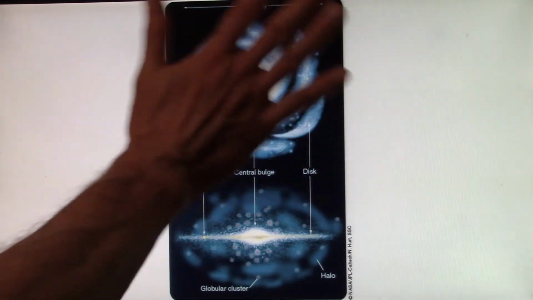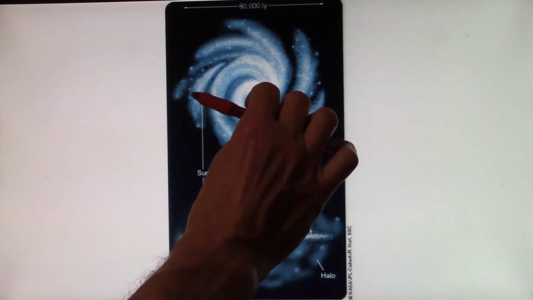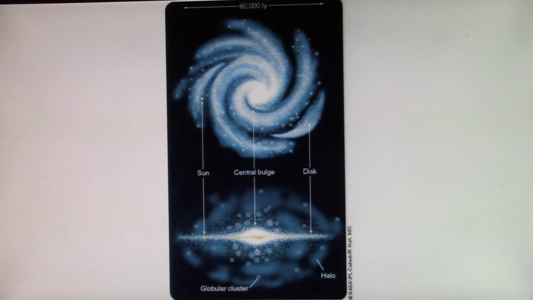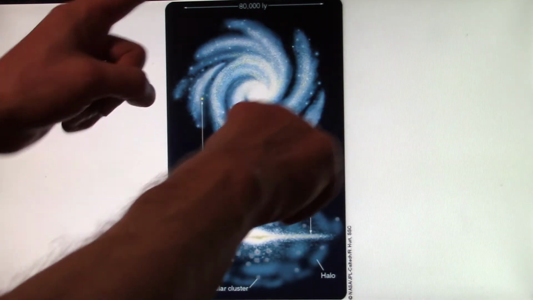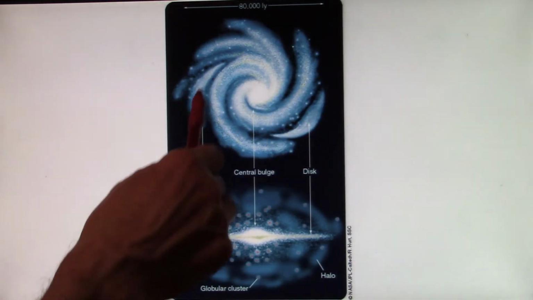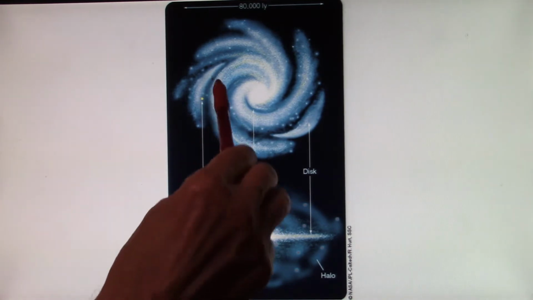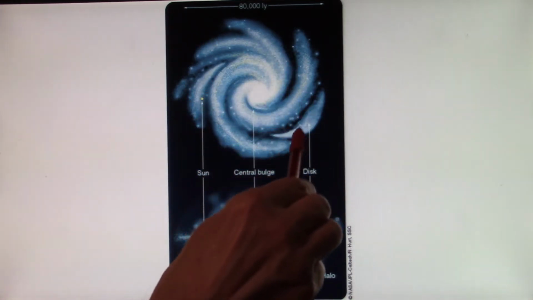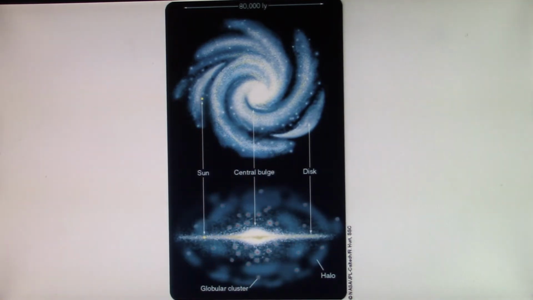Whereas the disk itself, objects rotate through. Now, this thing turns, but it's not like we're stuck in this spur. The way it works is we actually move through the spiral arms. We move through the spiral arms. So that's interesting.